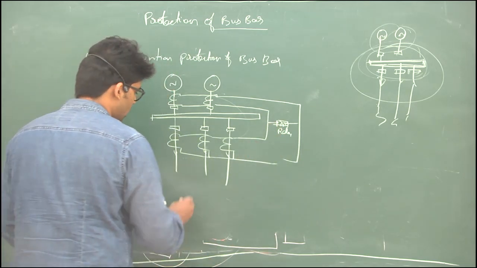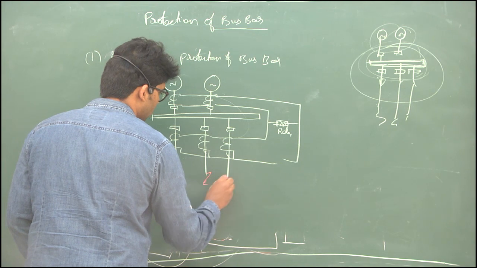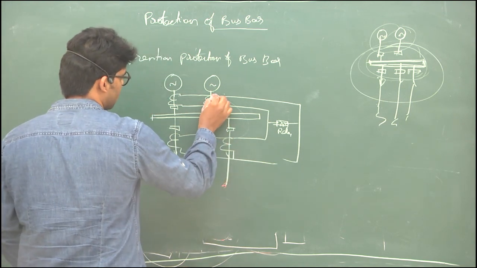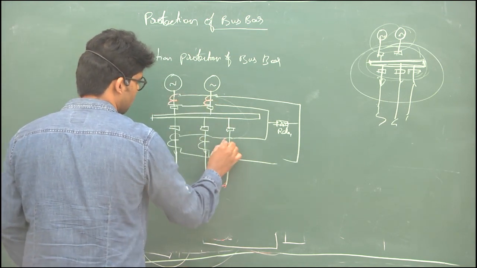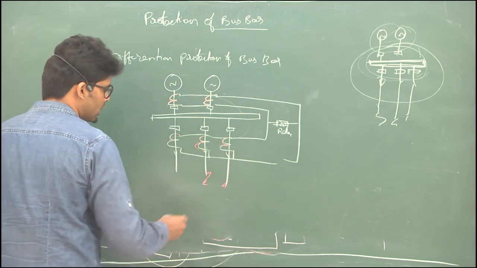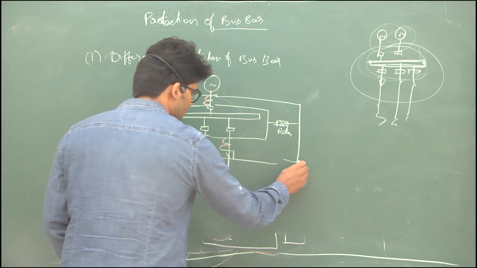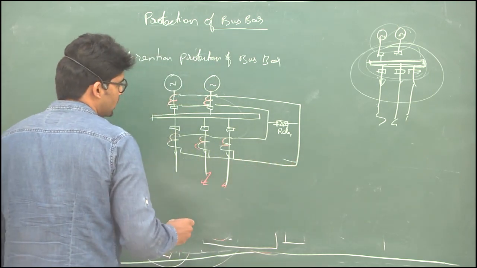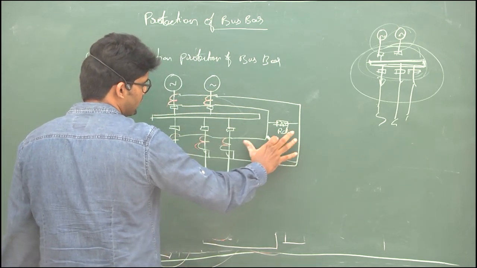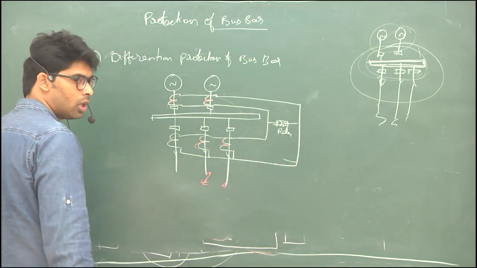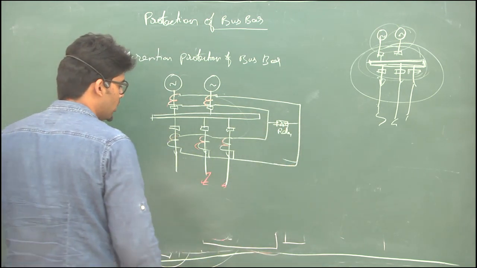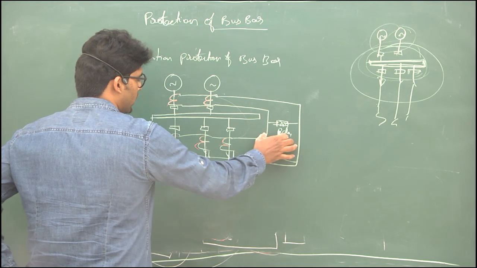Now, for example, for an external fault, we have used differential protection by using the CTs. When an external fault occurs, the relay coil which we are using should not operate. That is a differential relay. We know that for an external fault this should not operate.